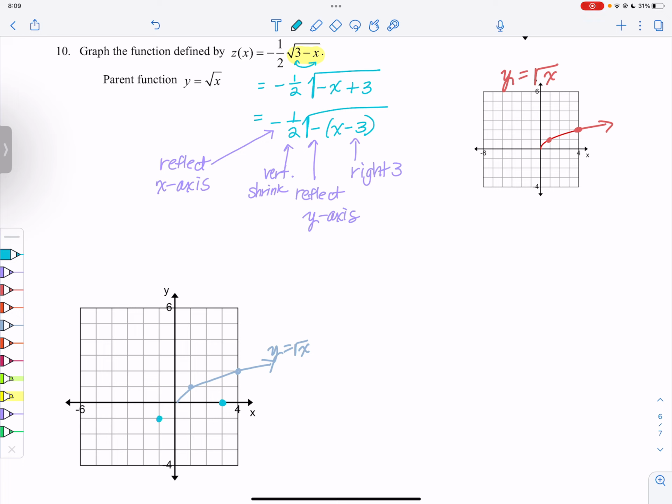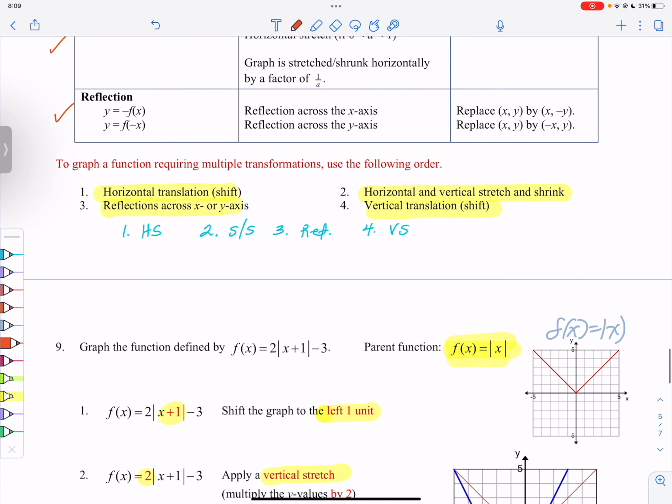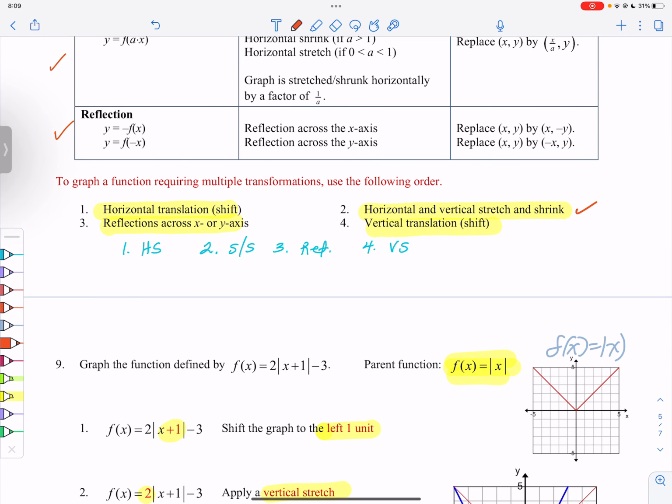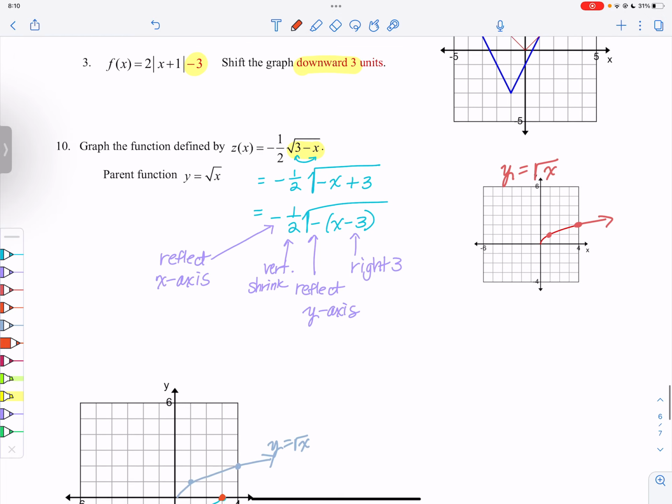So this is going to look something like this. And I show you that because we've gone to the right 3. I'll kind of walk through this. The right 3. And then remember, we go ahead and take care of our shrinking next, as you can see. And then we'll do the reflections, and we do not have a vertical shift.